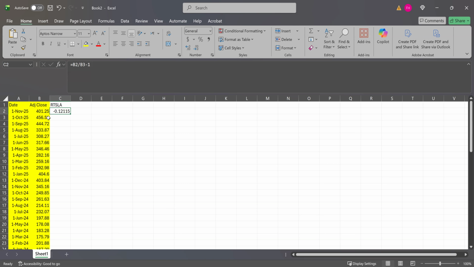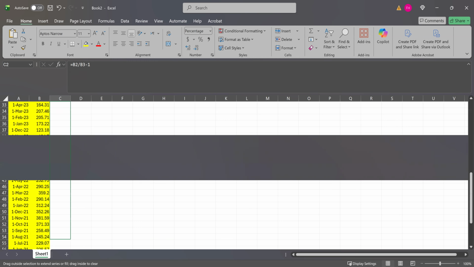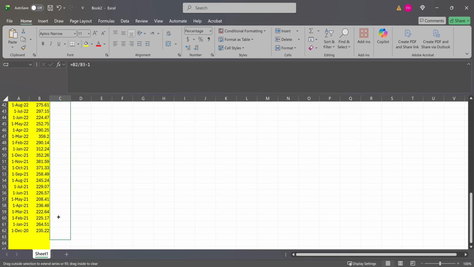So as you can see here, I have a drop by 12% during that month. I will drag the formula down till the end, but I'm gonna skip the first month because I cannot compute the return for December 2020 because I didn't have the price in the previous year.